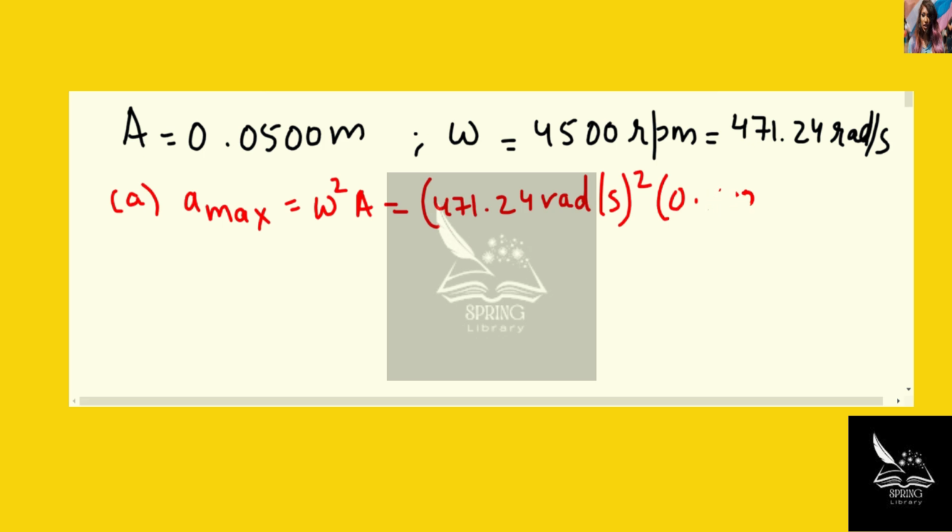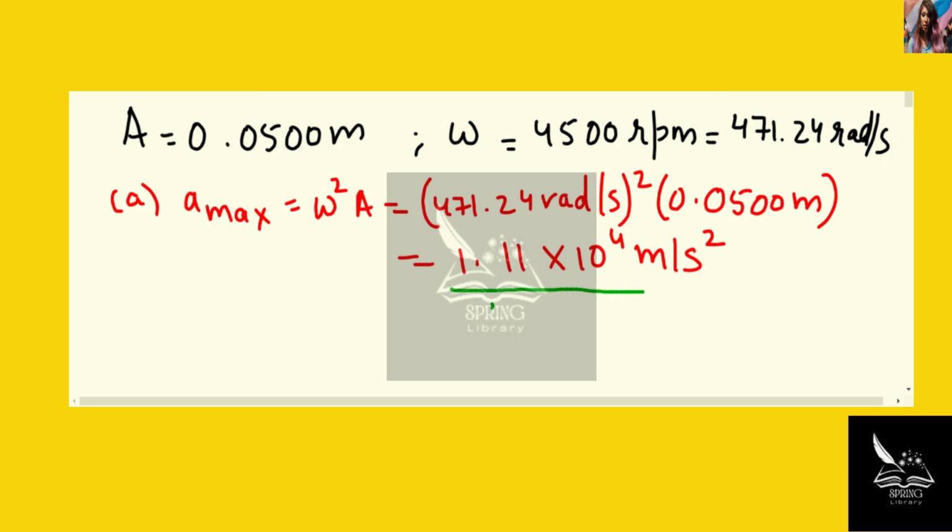Be very careful, these small mistakes can make a lot of difference. That is equal to 1.11 into 10 raised to 4 meter per second square. Because it is acceleration, it will be meter per second square. So this is the answer for the first part. It gives you the maximum acceleration.